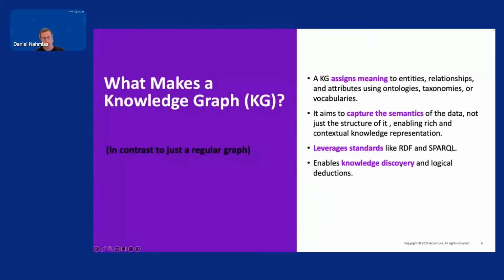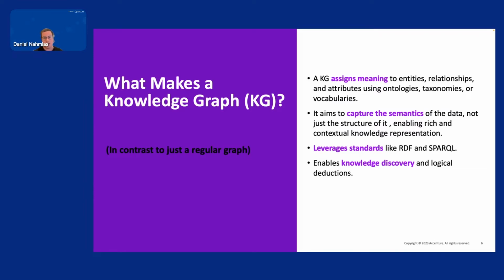But what makes a graph a knowledge graph in contrast to just a regular graph? A knowledge graph assigns meaning to entities, relationships, and attributes using ontologies. Ontologies are basically the schema that the graph database adheres to. This means that it goes beyond just organizing data structurally.